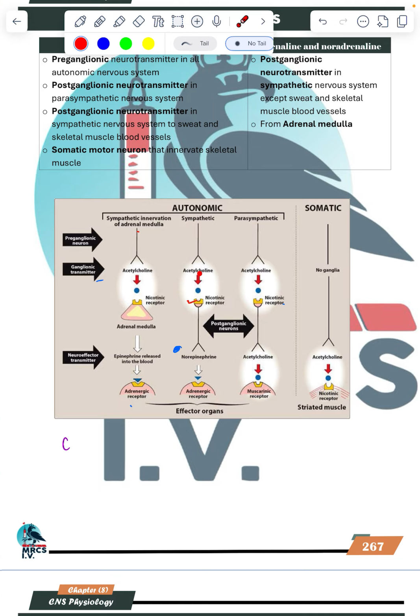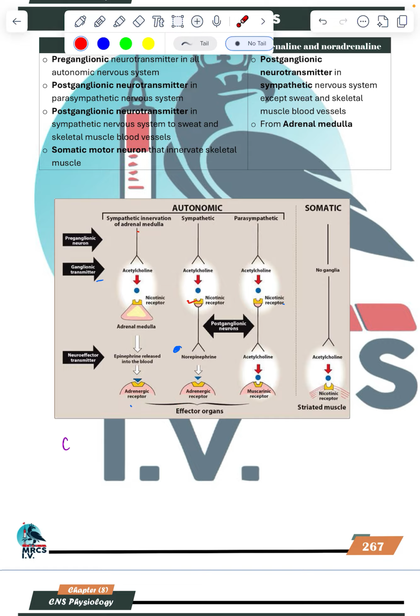Same in the sympathetic, the receptors are nicotinic, and the postganglionic neurotransmitter is norepinephrine. Adrenal medulla releases epinephrine and related compounds, while sympathetic postganglionic neurons release norepinephrine. Norepinephrine acts again on the adrenergic receptors, the adrenergic effector.